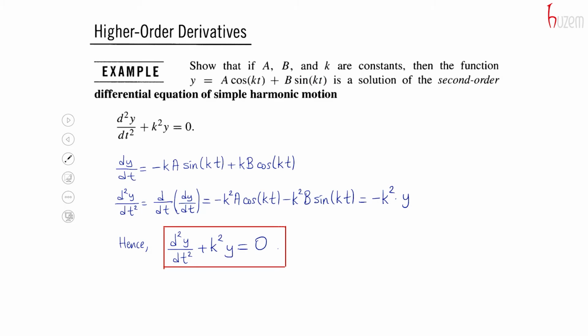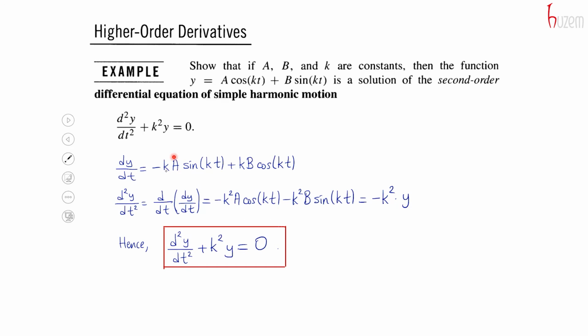If you apply taking derivative operation, differentiation with respect to t again, you get from here that derivative of kt will be k, so you get k square, and then derivative of sine will be cosine, and you have a here.